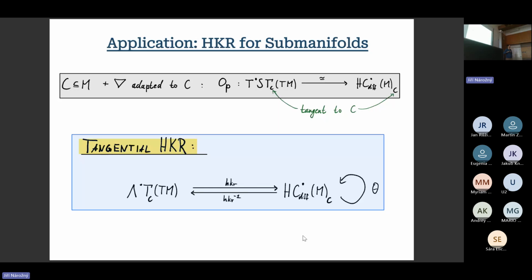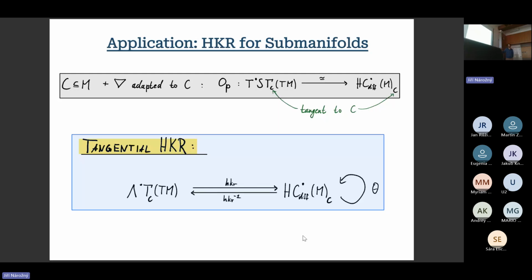Okay, because I was just wondering, so here you have to choose a connection that is adapted to C. Yeah. But if it doesn't depend on the choice, then you could also choose a different one, right? But you're saying then what would not work is the inverse. As long as you choose adapted ones, all of them will work, and you just get isomorphic deformation complexes.